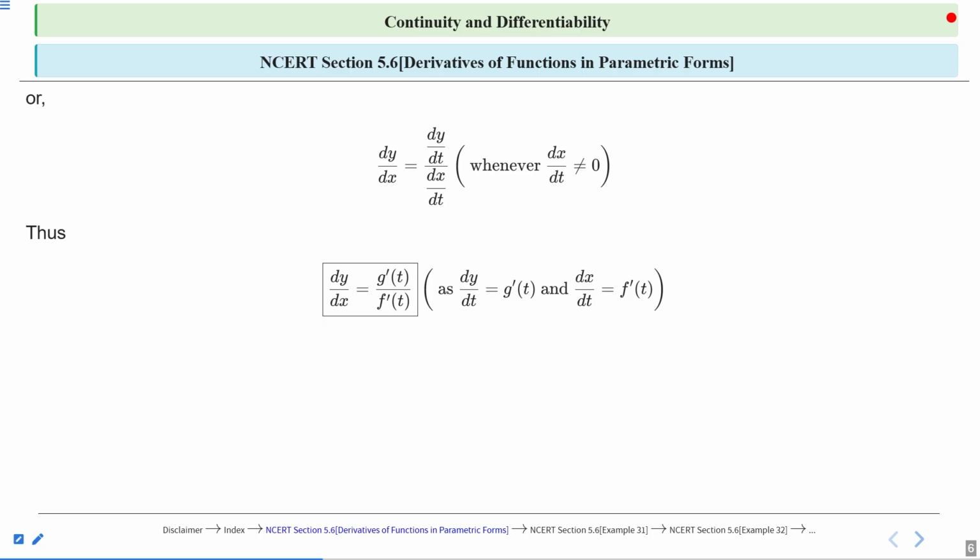Thus, dy by dx will be equal to g dash t upon f dash t, as dy by dt is equal to g dash t and dx by dt is equal to f dash t, right? Provided f dash t should not be equal to 0.